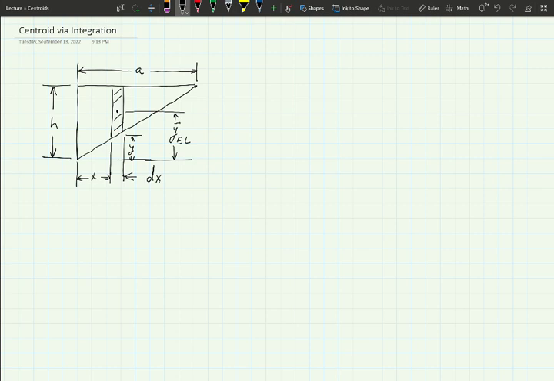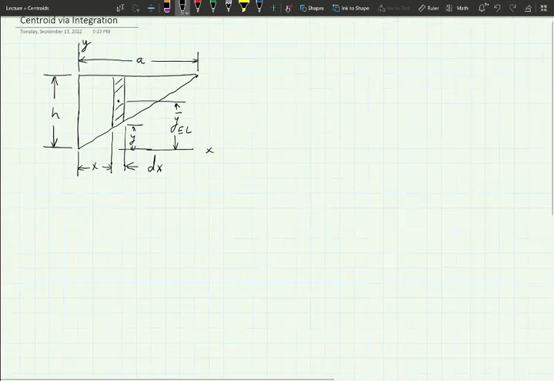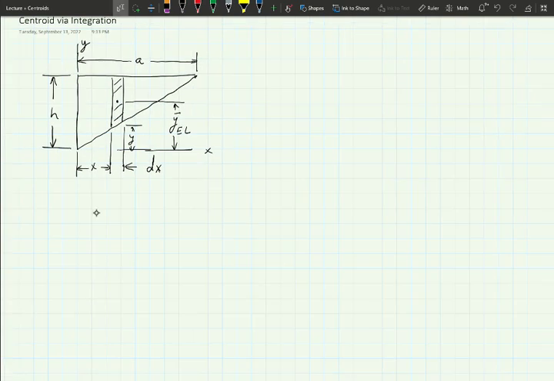And this is our x-axis, this is our y-axis. So the equation we're going to play with is y is equal to h over a times x.